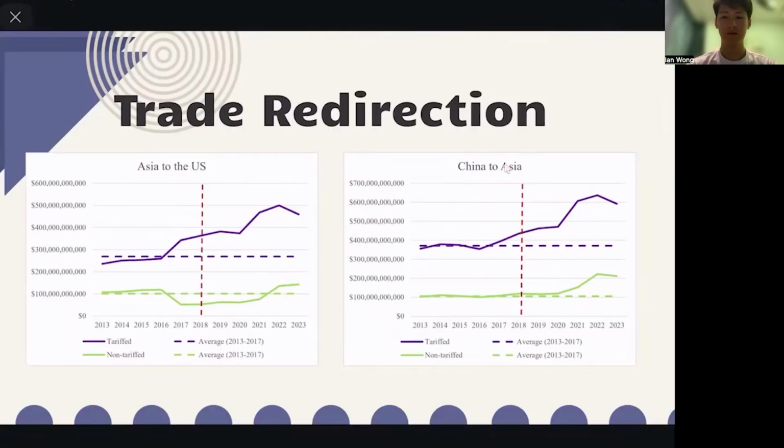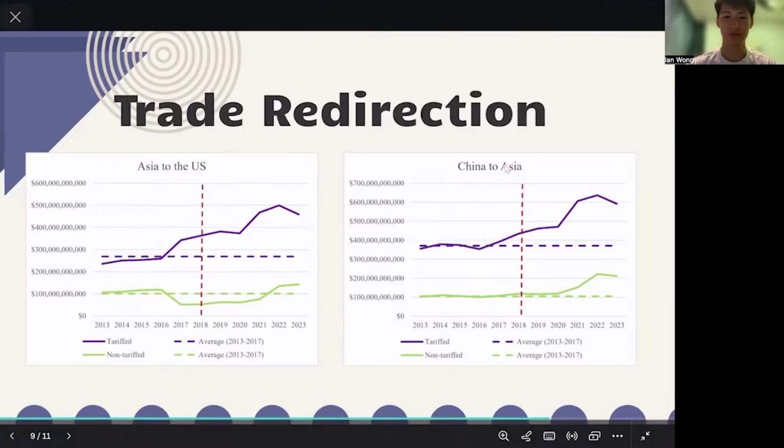From the US perspective, these goods are coming from Asia and therefore are not subject to tariffs. In this way, Chinese exporters are still able to export their goods to the US, albeit through another country. This will explain the rise in trade flow of tariff goods from China to Asia and subsequently Asia to the US.